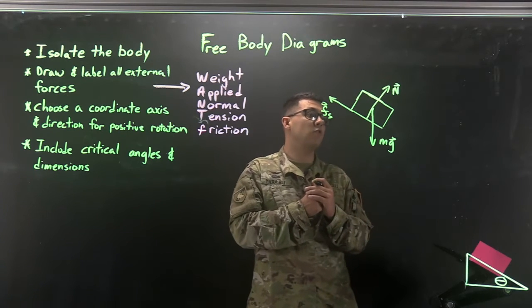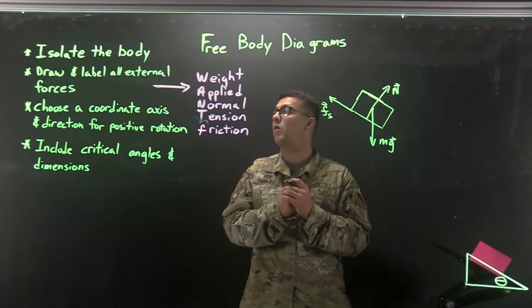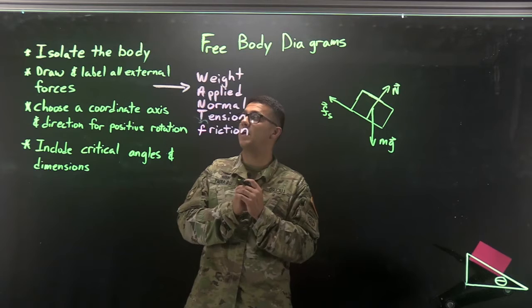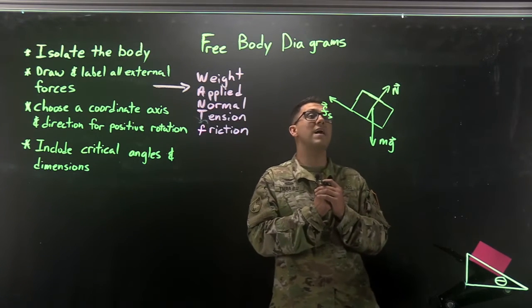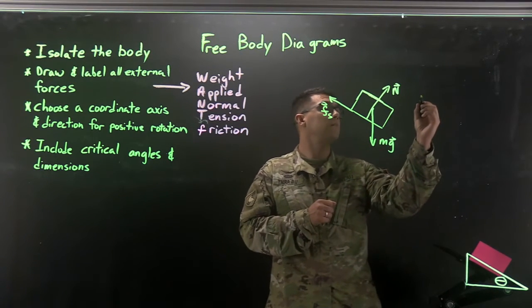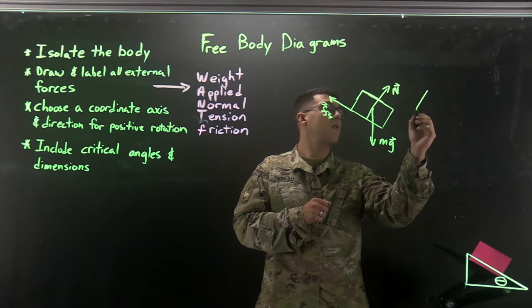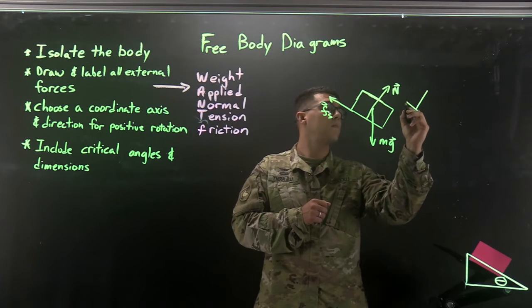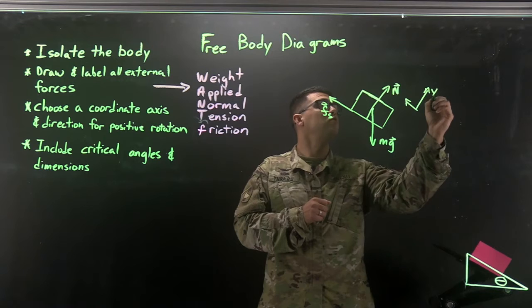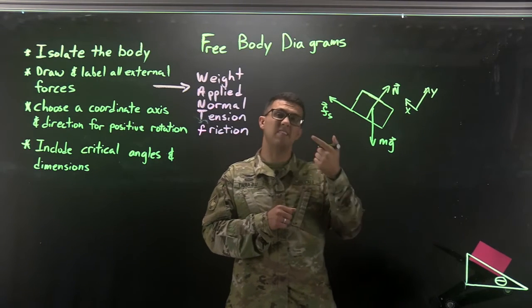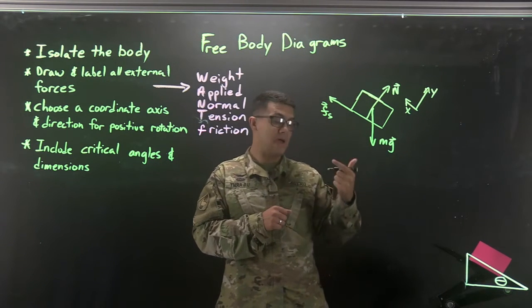I've identified all my forces acting on the object. Now I want to choose a coordinate axis and direction for positive rotation. As I'm looking at this object, I'm going to draw a coordinate axis that's at the same incline as my ramp.